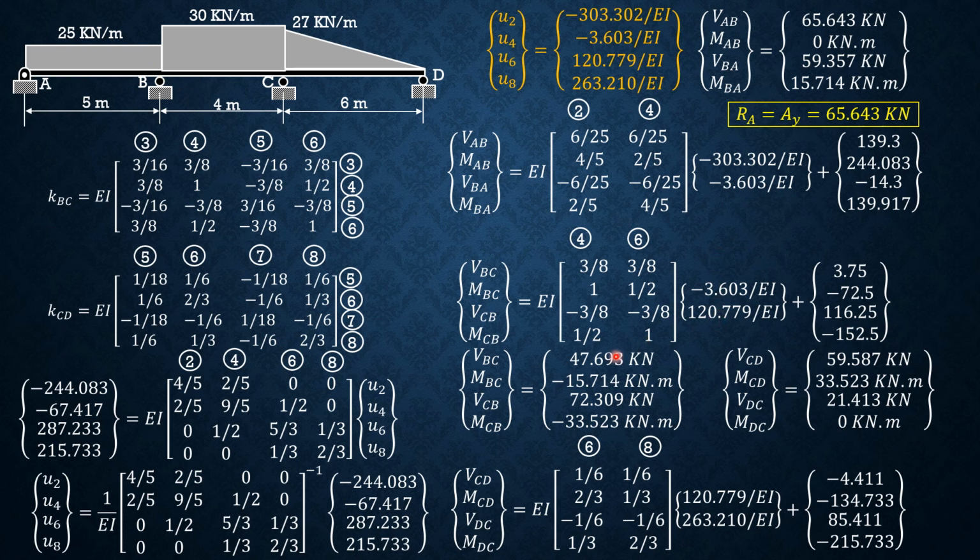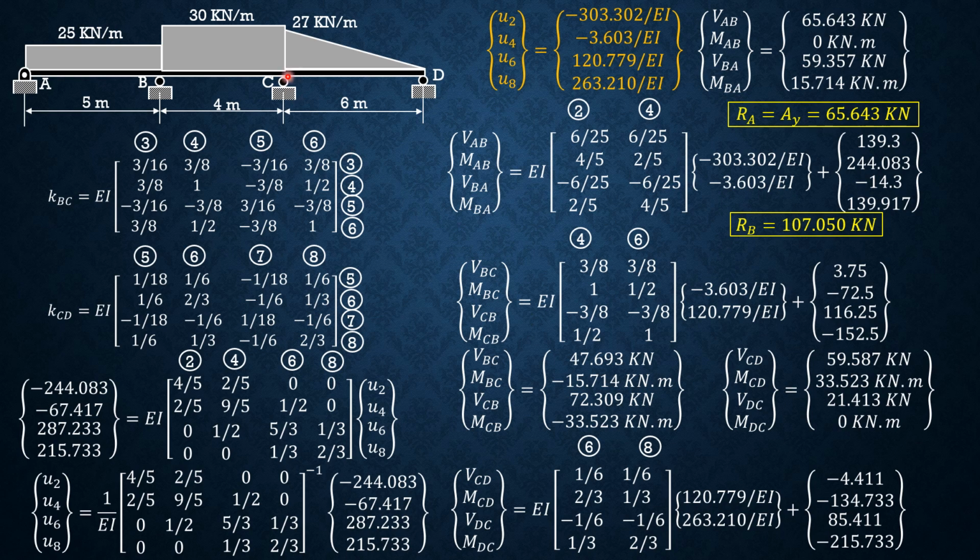Shear in BA is 59.357 plus the shear in BC, which is 47.693. So 59.357 plus 47.693, that's RB, and it is equal to 107.050 kilonewtons.